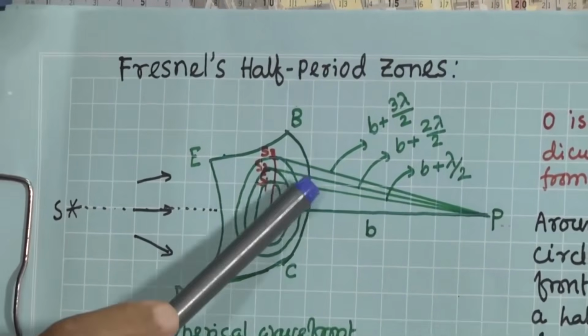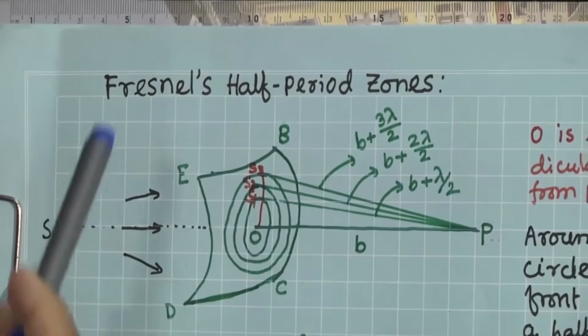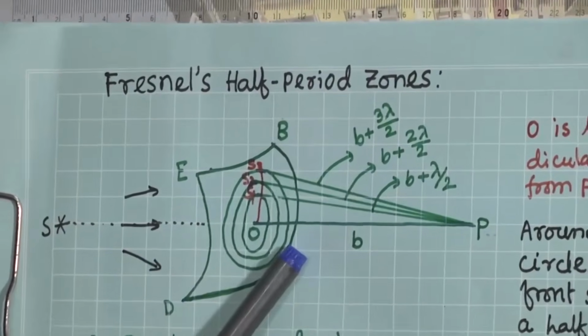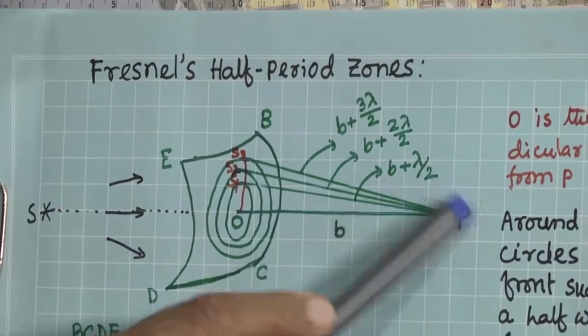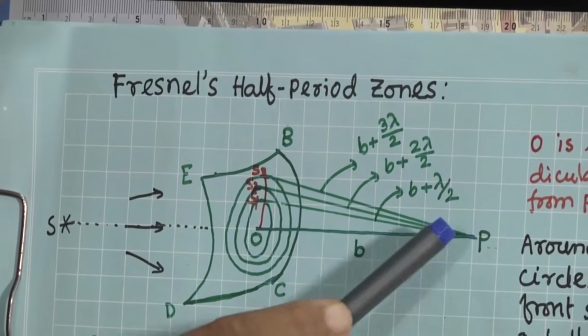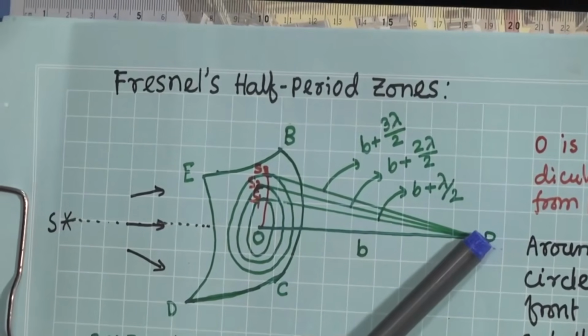So the superposition of the secondary wavelets at this point will give me the resultant intensity at point P, right.